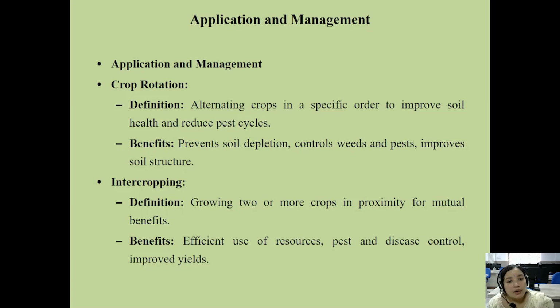We alternate crops in a specific order to improve soil health, reduce pest cycles, prevent soil depletion, control weeds and pests, and improve soil structure. Yields means crop yields.